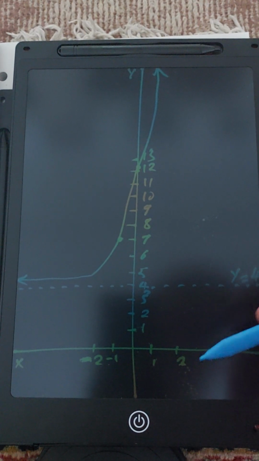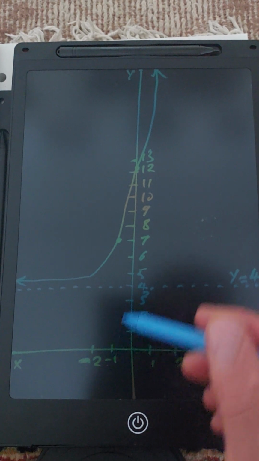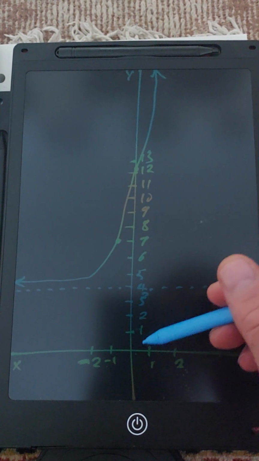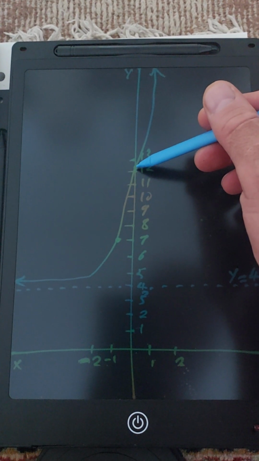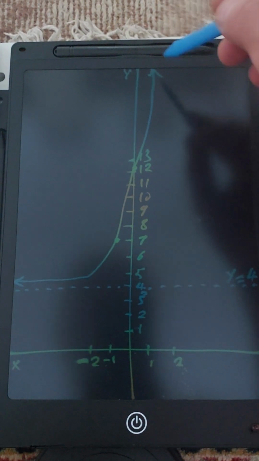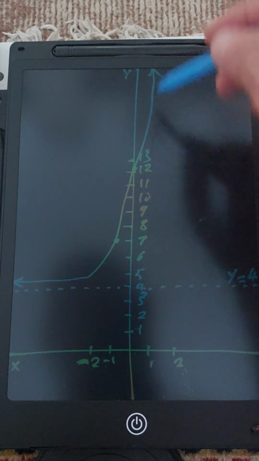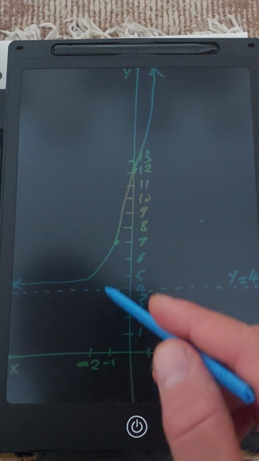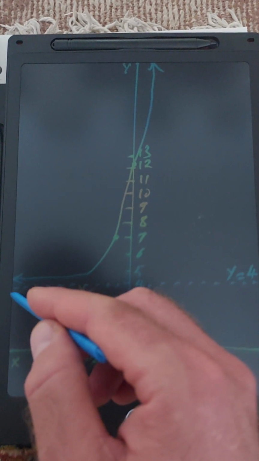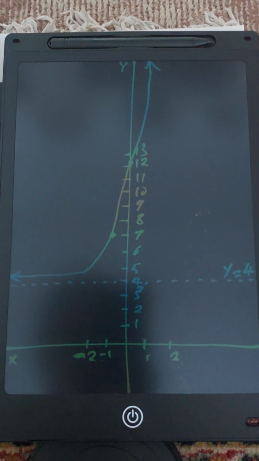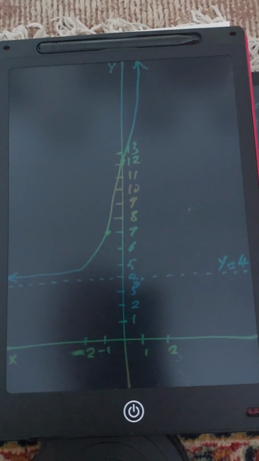So the first point is (minus 1, 7). The second point is (0, 12.15). Then we draw the curve, which is a growth curve. It starts with the line going closer to the asymptote and never crosses it. So that's all for graphing.